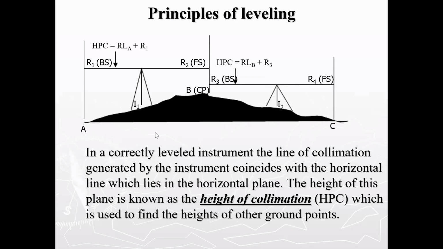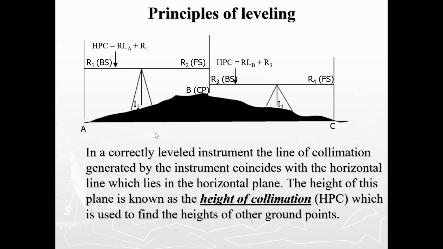For us to be able to find the reduced level of point B on the surface of the Earth, we take the reduced level of the line of sight minus that distance between the line of sight and point B on the surface of the Earth. And that is given by R2, which is the staff reading at point B. Is that clear, Lydia?